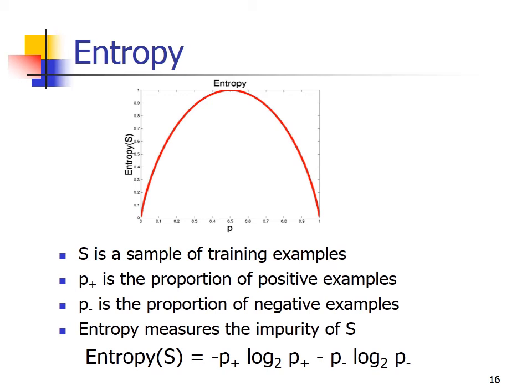You see, S is a sample of training examples. P plus is the proportion of positive examples. P minus is the proportion of negative examples. Entropy measures the impurity of S. Entropy(S) = minus P plus log 2 P plus minus P minus log 2 P minus.